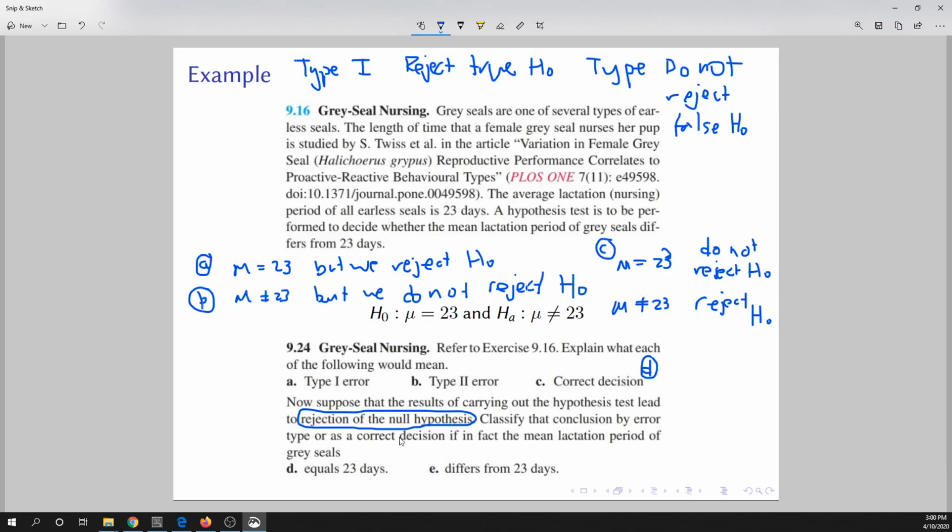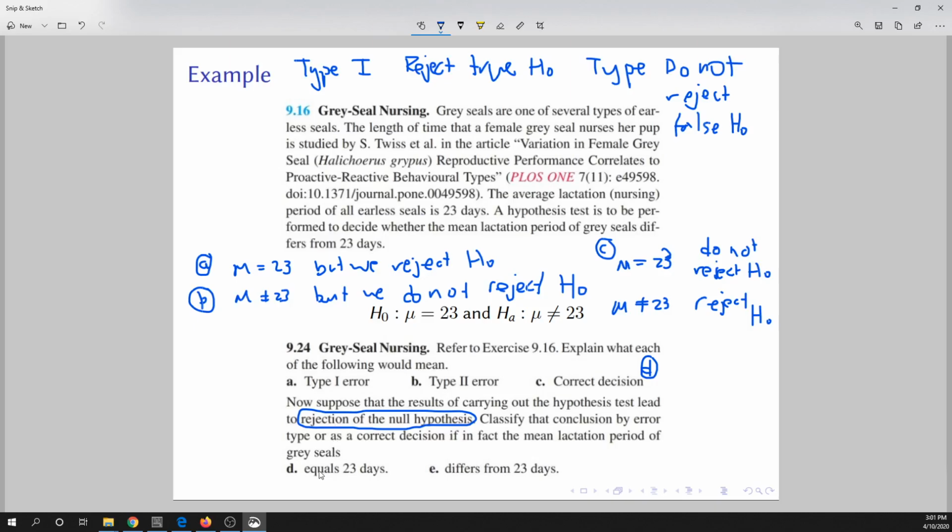It says to classify that conclusion by error type, or as a correct decision, if in fact the mean lactation period of gray seals equals 23 days. So they're saying, hey, this is the truth and we did this. So is that an error? If so, which type? Or is it a correct decision? Okay, that is what they're asking.